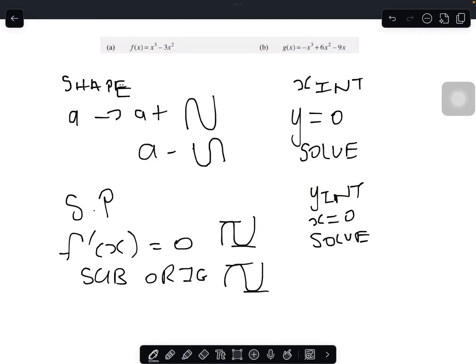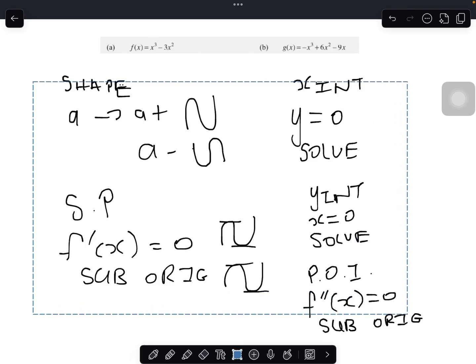The last point you need is your point of inflection, and for that you're going to find your second derivative and equate it to 0, and then sub into your original. Okay, now let's put all of this into practice.